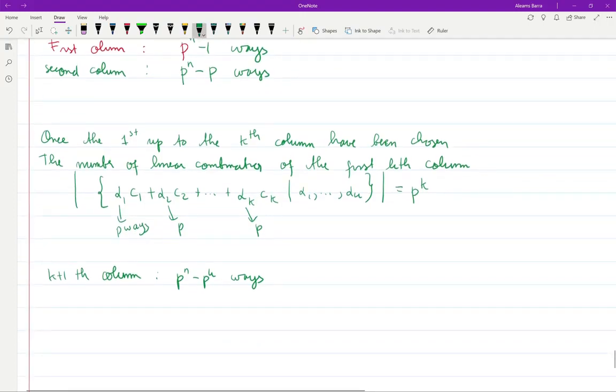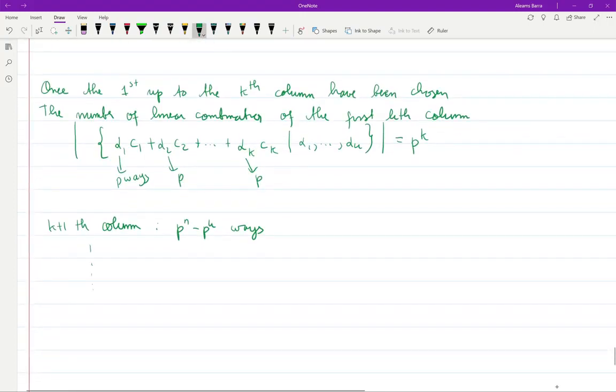We keep doing that until we choose the nth column, which can be chosen in p to the n minus p to the n minus 1 ways.